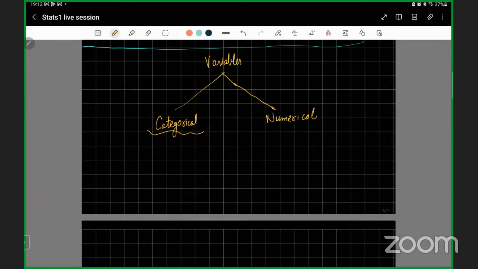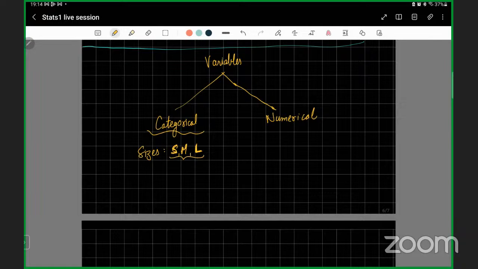let's see, sizes as small, medium, and large. Now you see that there is no number associated with small, medium, and large. They are not numbers, but size is one variable that takes these three values S, M, and L, right?